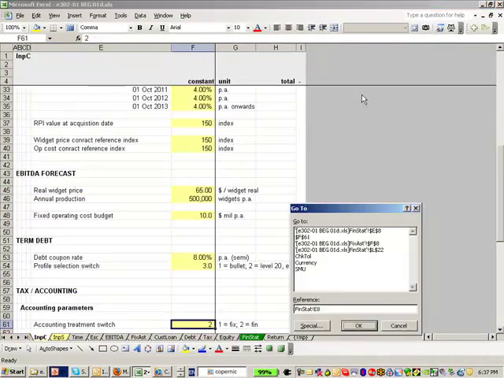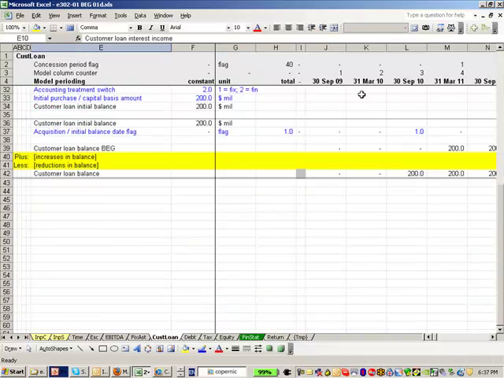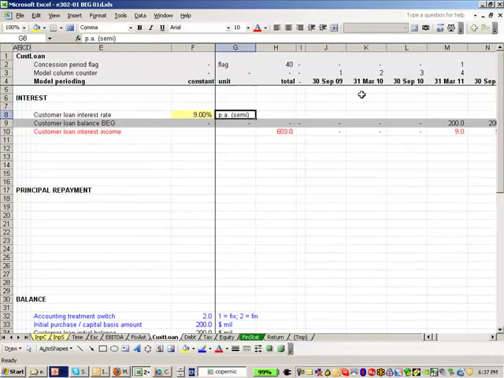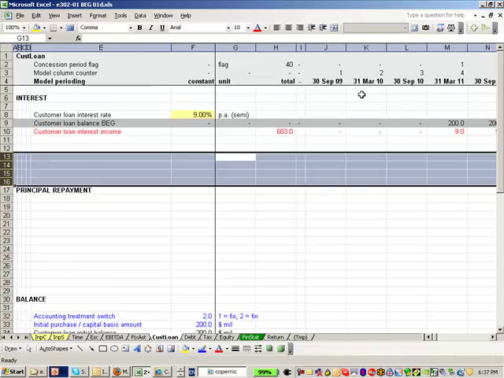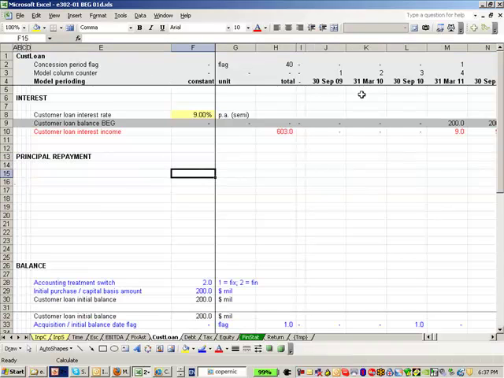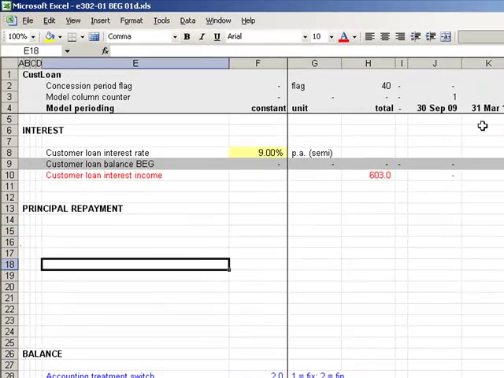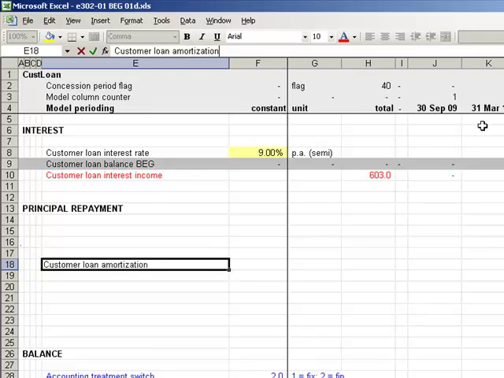Let me hop back to my customer loan sheet and see what else we can do. So interest is done. Time to repay it. You guys will know that normally we detest canned Excel functions. Let me use the term amortization. This is an asset on my balance sheet, so it might be repayment to the customer, but for me it's amortizing a financial asset.